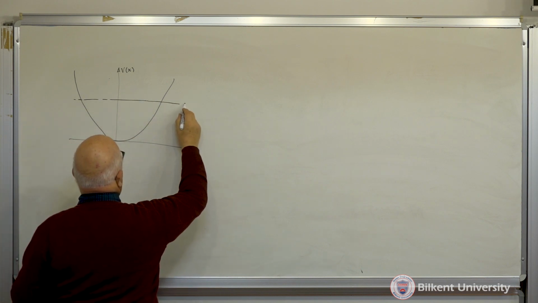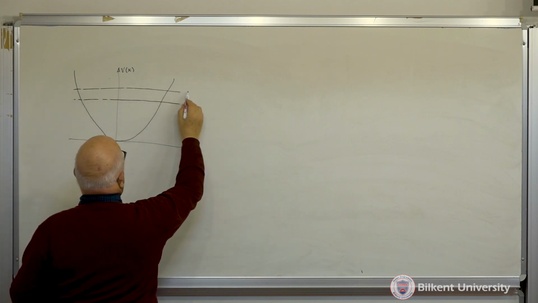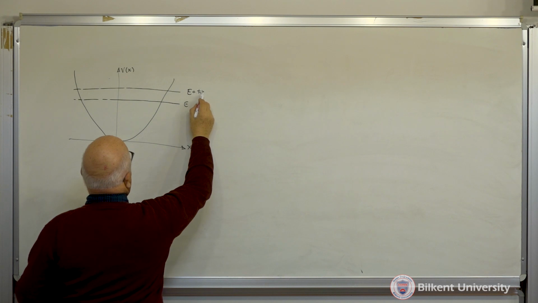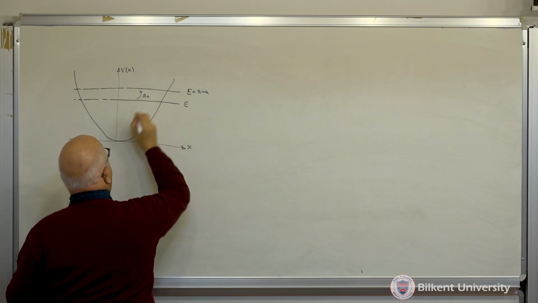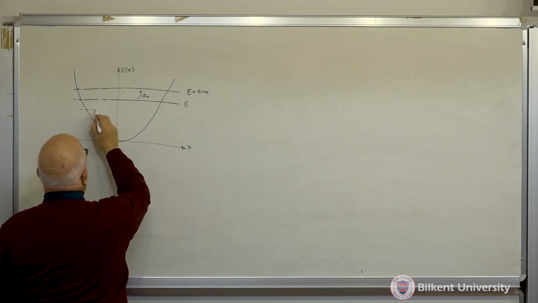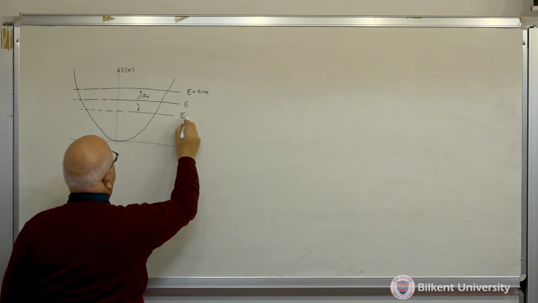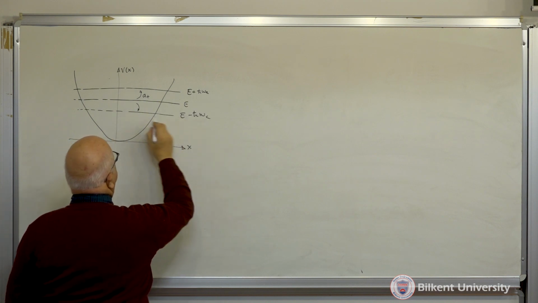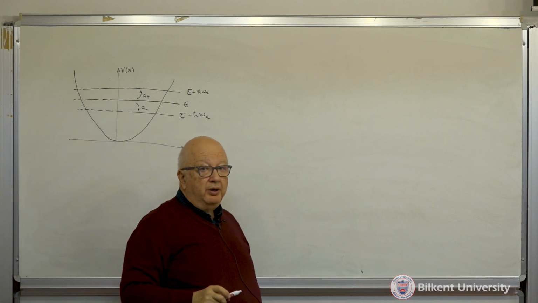Suppose this is the value E. Okay, so there's going to be another one, E plus h bar omega c, which I can obtain by applying this operator A plus. And here is another one which I can obtain. Okay, this is E minus h bar omega c. So this I obtain by applying A minus.